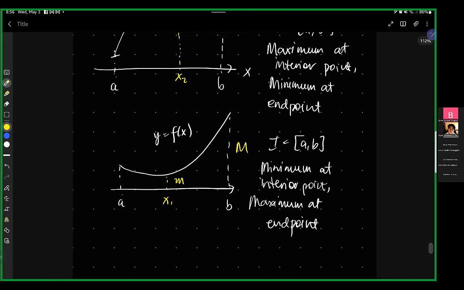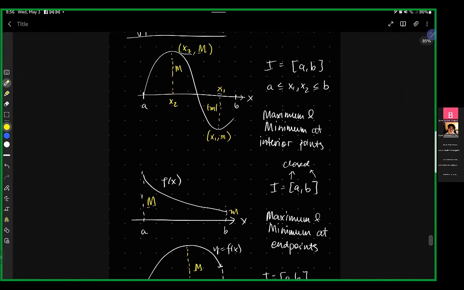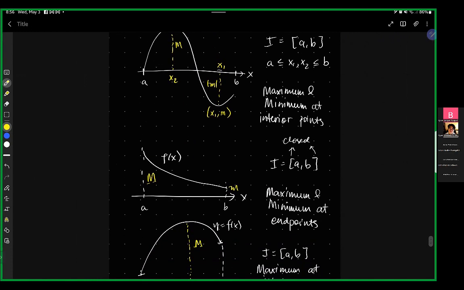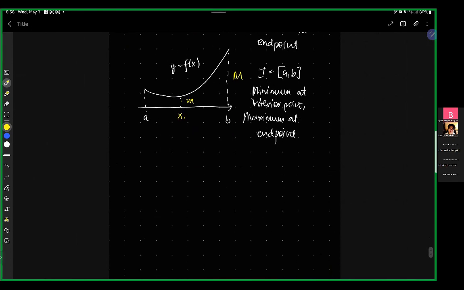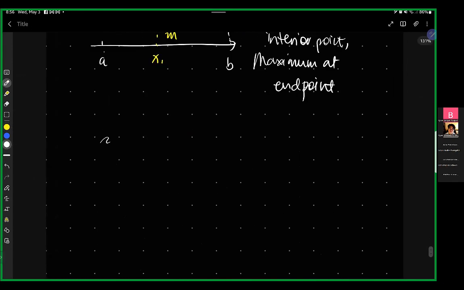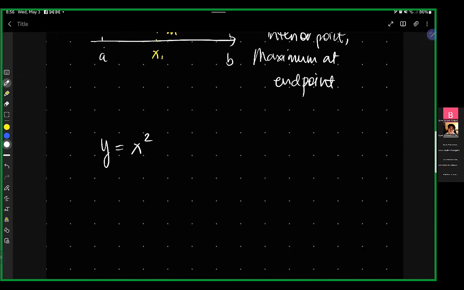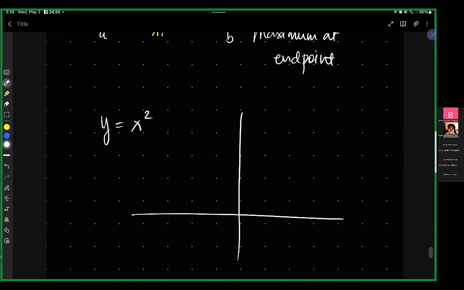So far, I have introduced to you 4 typical scenarios wherein we can find the maximum and the minimum of a function for a given interval. So, for example, we have a function y equals x squared. When we plot y equals x squared, we know that, for example, this is -1 and 1. So this is the interval that you're considering.